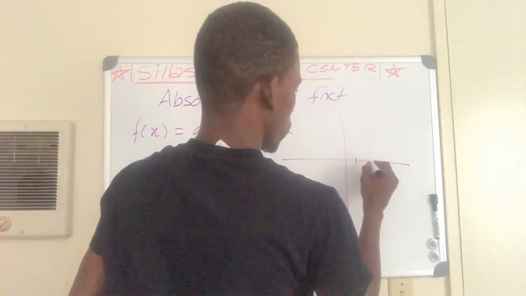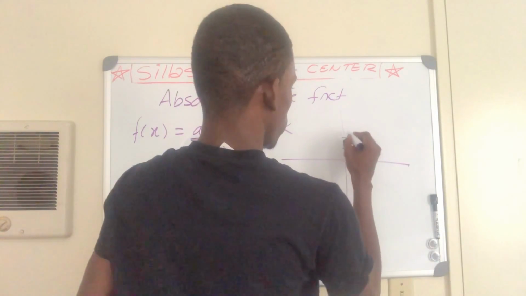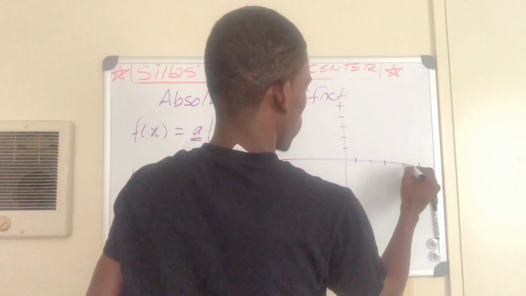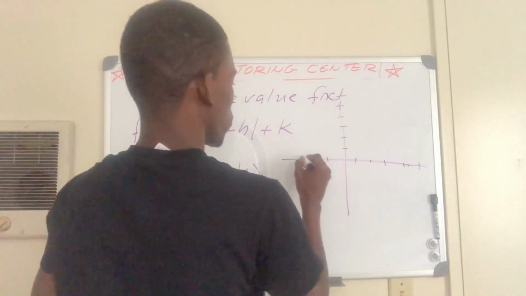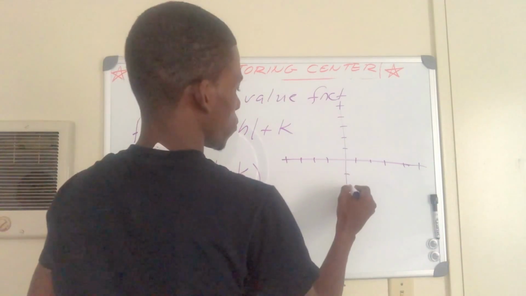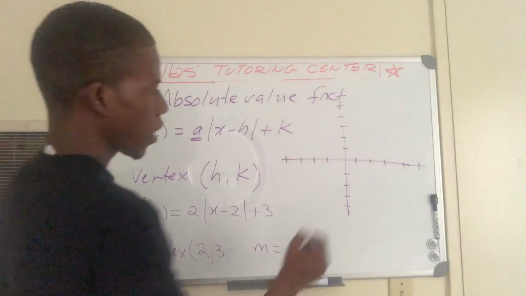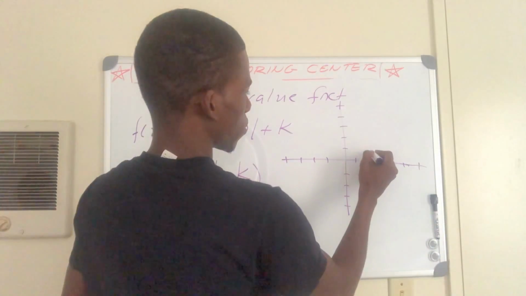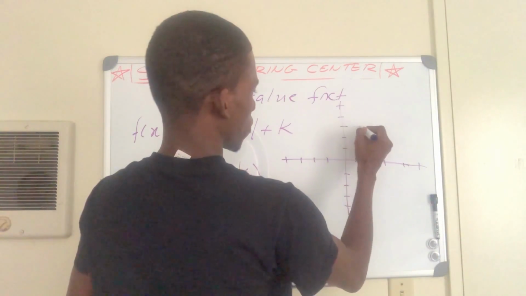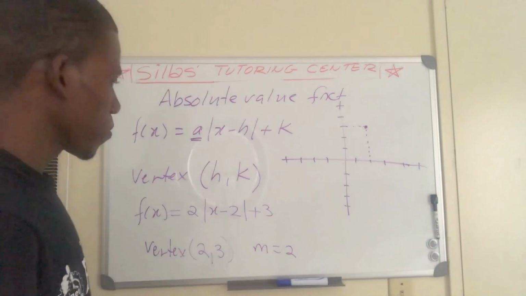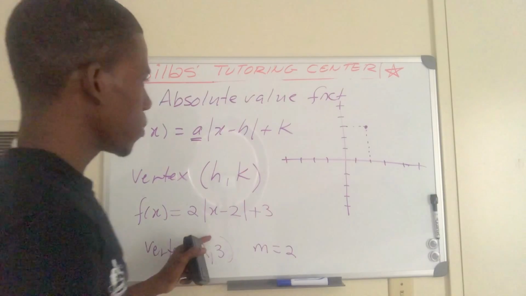If I count 1, 2, 3, 4, 5 and so on along the axes, okay, so if I have the vertex at (2, 3), I count 2 from here and 3 from here. I say the vertex is going to be at this point, and the slope is going to be 2.